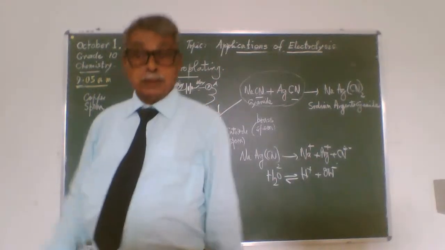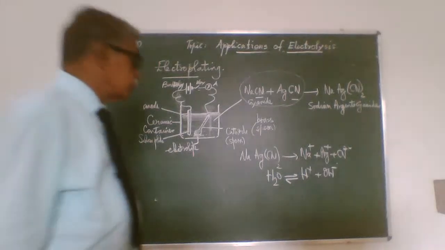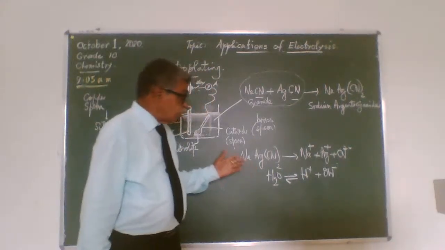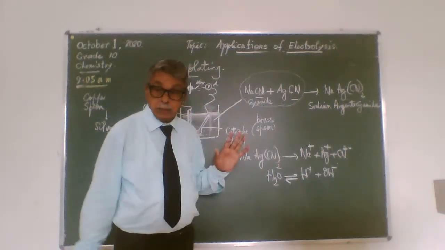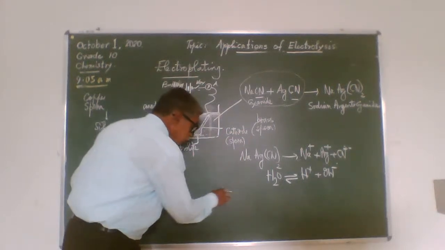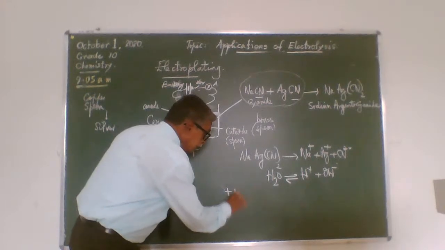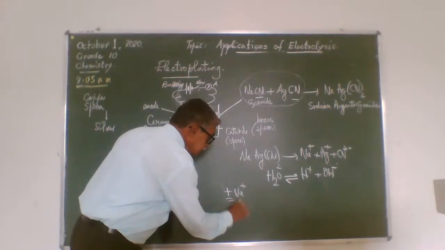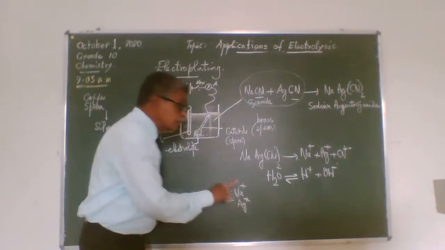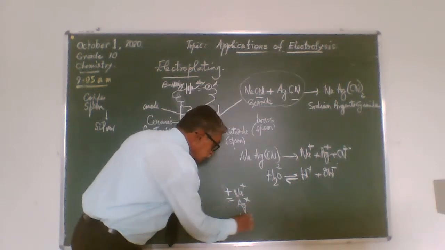When electricity is passed through it, what will go towards the cathode? Think about it. Out of these, what are the positive ions available? Sodium, Na; silver, Ag; and hydrogen, H plus.